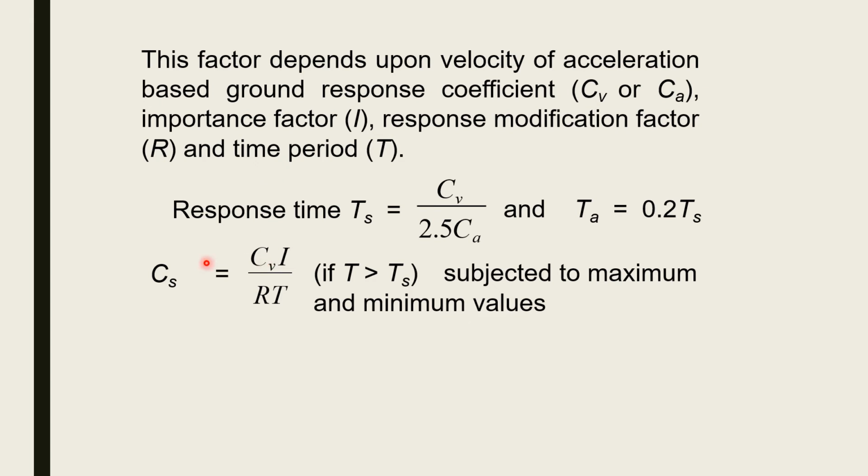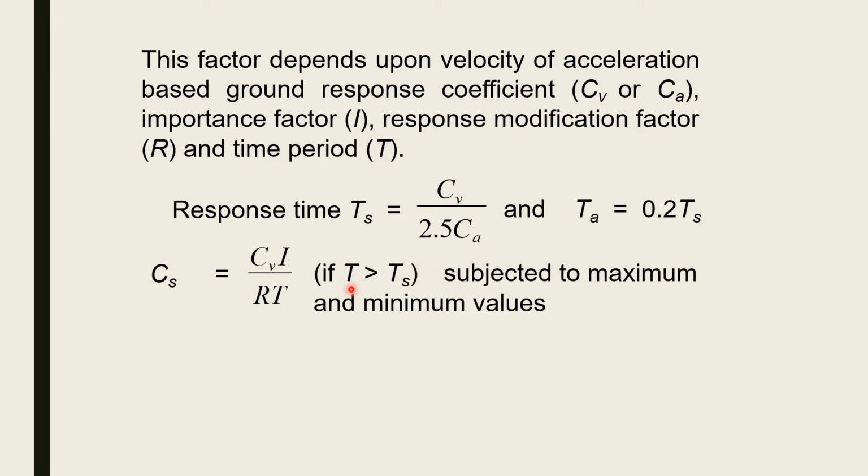Here is the value of the seismic response coefficient. Cs is equal to Cv I over RT. Cv is the velocity based coefficient, I is the importance factor, R is the response modification factor, and T is the time period of the building which you are going to design. If the time period is greater than Ts, it is subject to maximum and minimum values. If your time period value is greater than Ts, then you must check for maximum and minimum values.